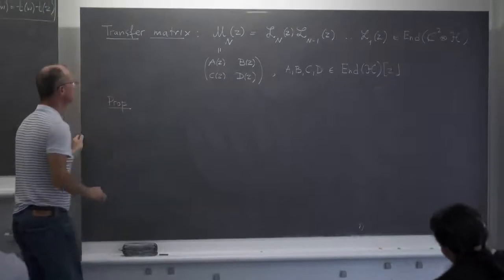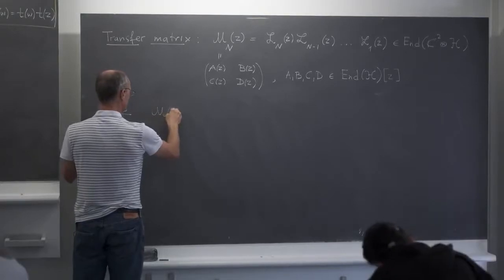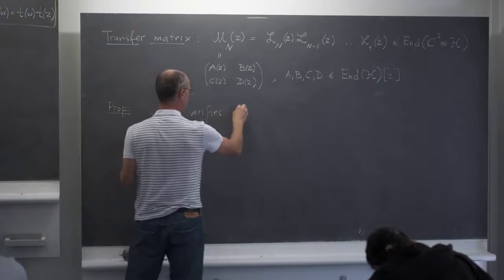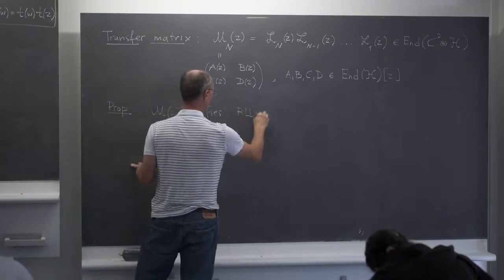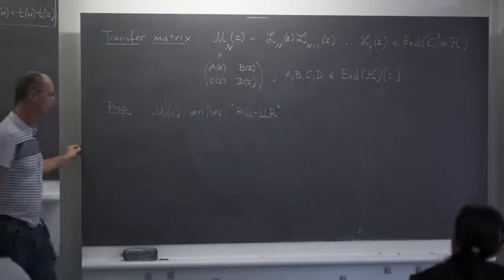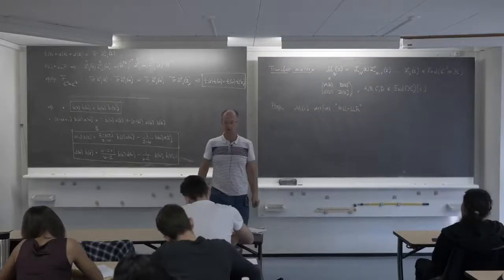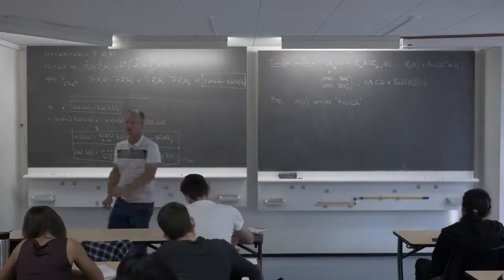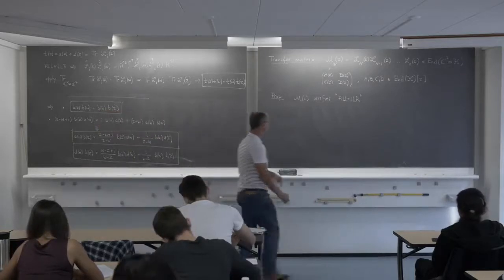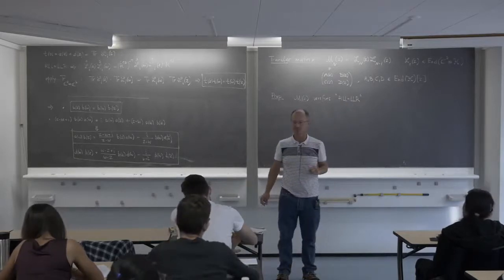Now, a proposition which says that M of z, so this complicated product, it actually verifies the same relation as the elementary L operators we saw before.